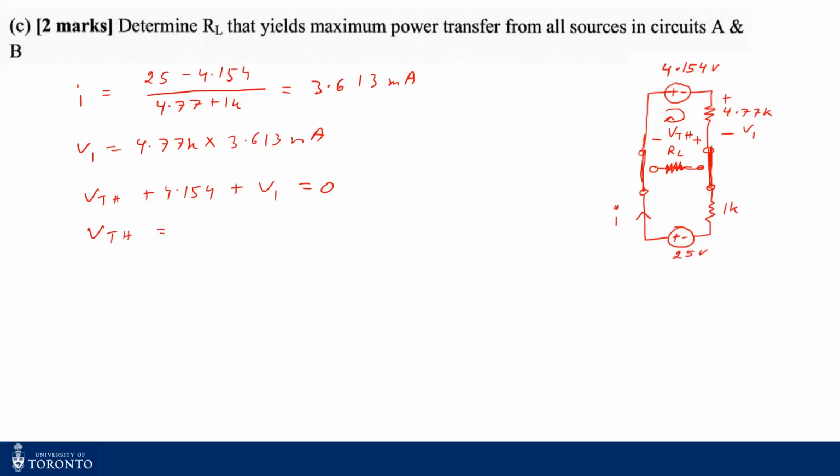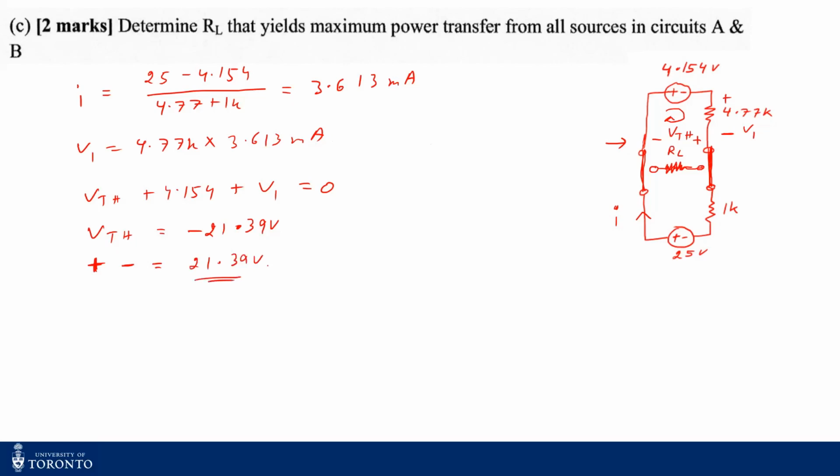Once I plug in the values, I find my VThevenin to be minus 21.39 volts, which means the actual polarity is plus-minus like this. I assumed this to be opposite, so since I get a negative voltage, the polarity is actually like this. The VThevenin is positive 21.39 volts.